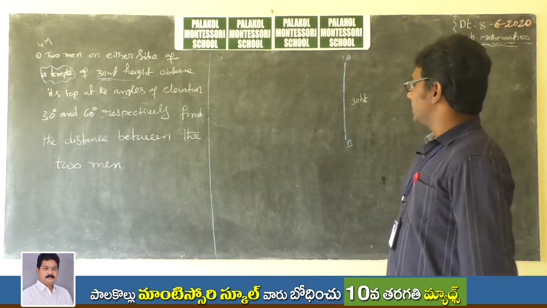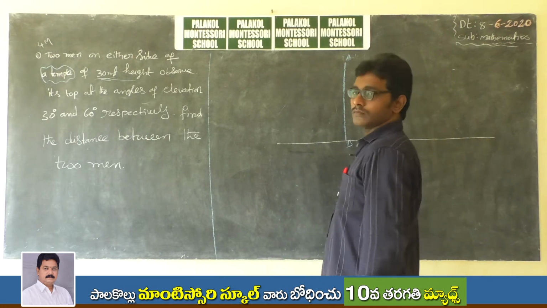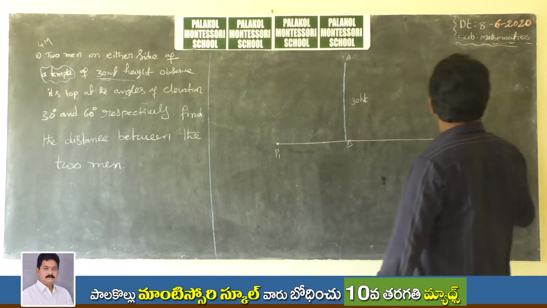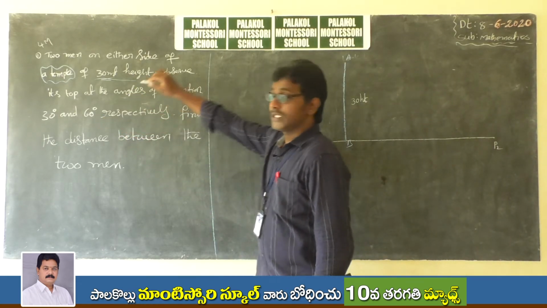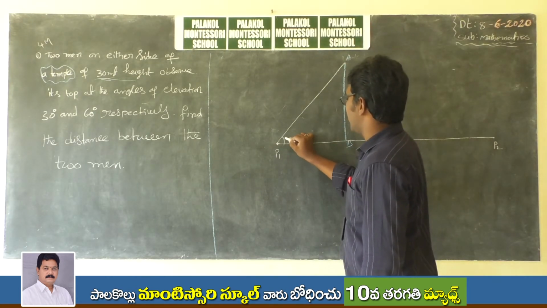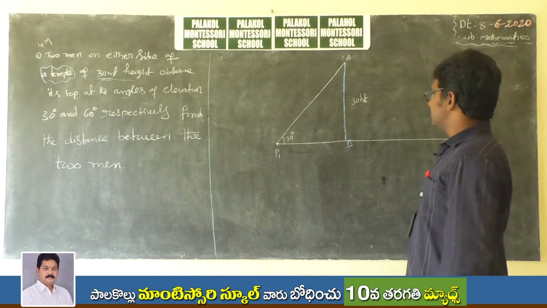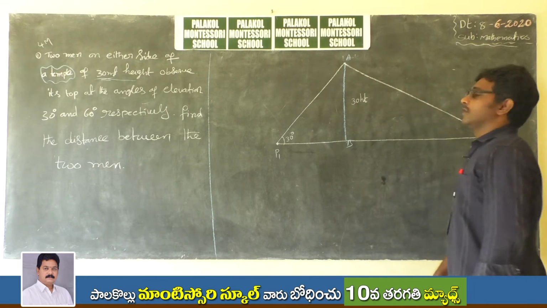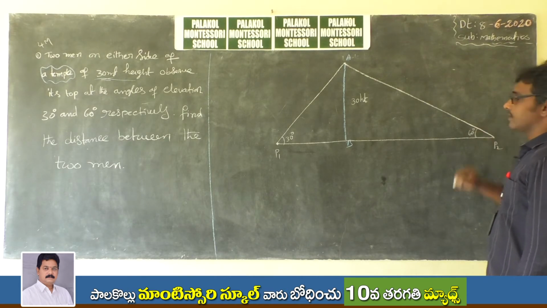So two persons are there on the ground like this. One person is P1, the first person, and P2 is the second person. The first person sees the top, so it forms the angle of elevation. It makes an angle equal to 30 degrees. On the other side one more person is there, who also sees the top of the temple. That person makes the angle 60 degrees.